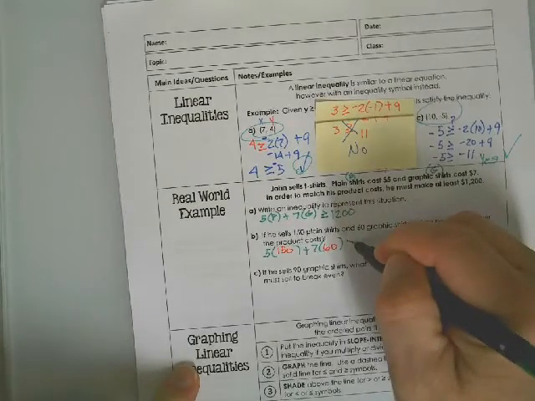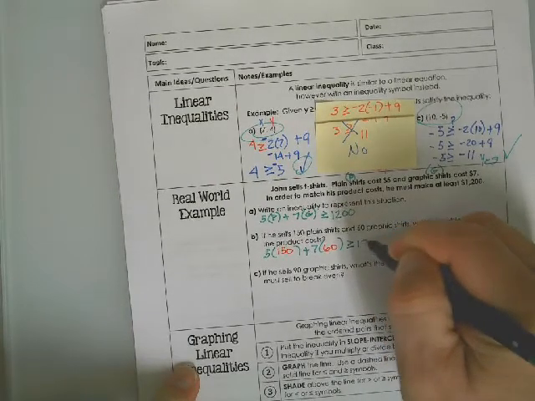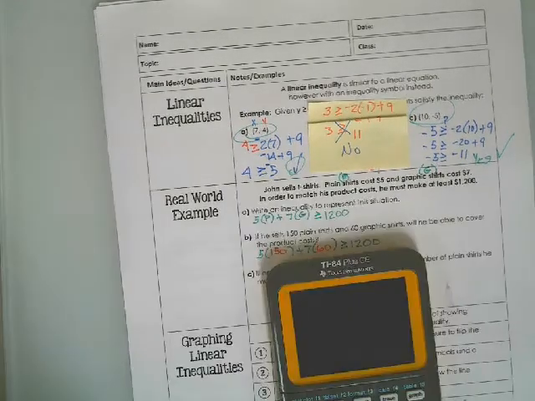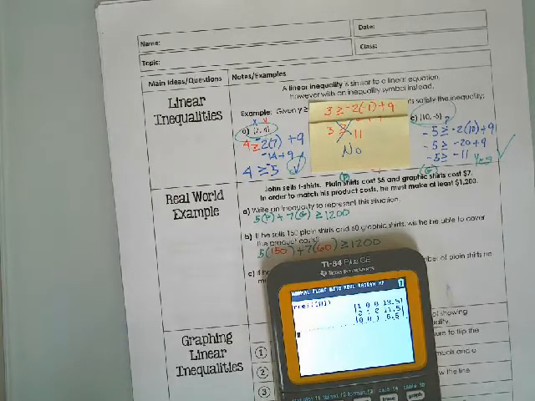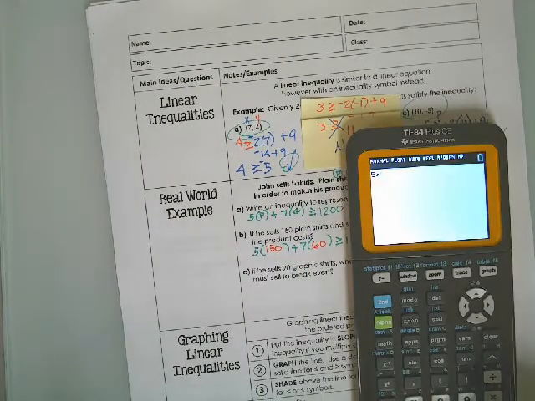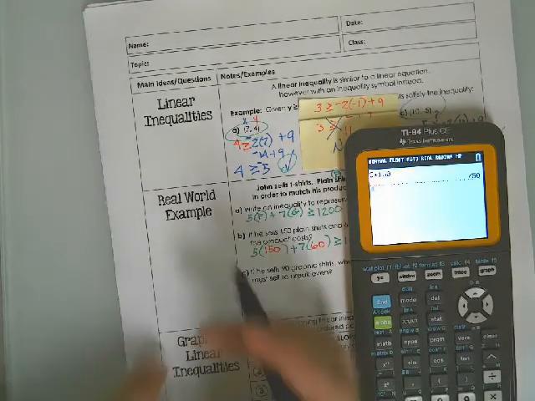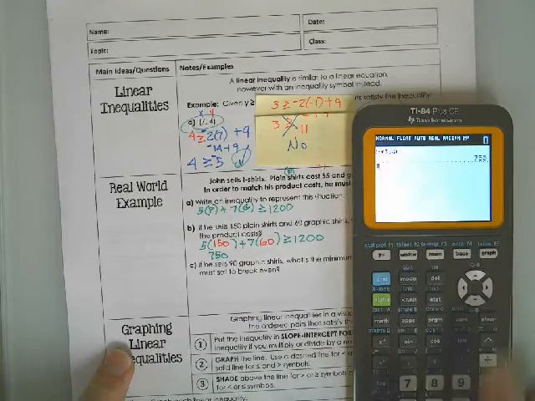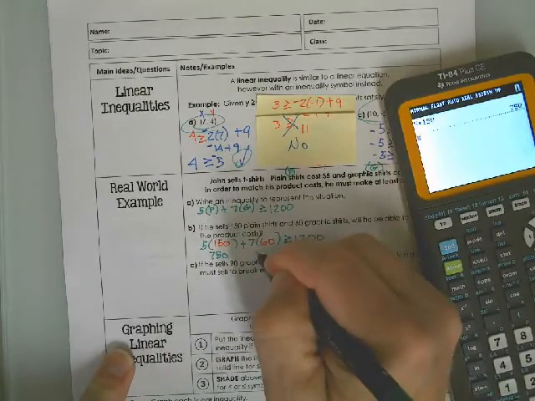Will that be greater than or equal to 1,200? We just do the math. Five times 150 is 750, and 7 times 60 is 420.